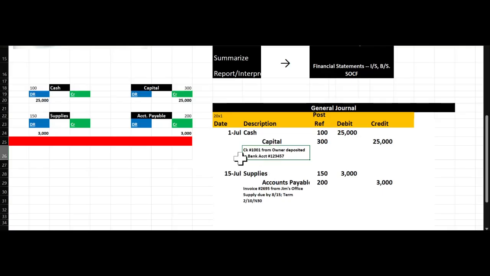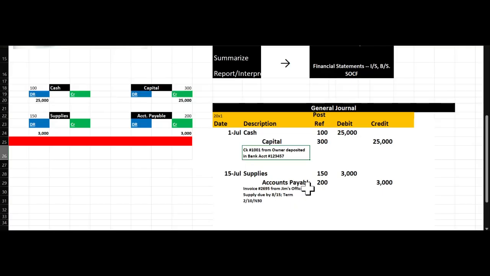This tells us, right? We received a check. There's the check number, and it was from the owner, and we deposited into bank account number, and we indicate all of that. Once you have journalized and provided your narration, you would then post to the accounts.